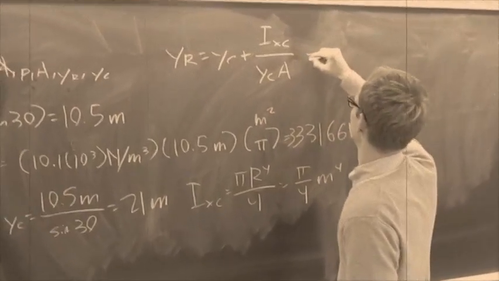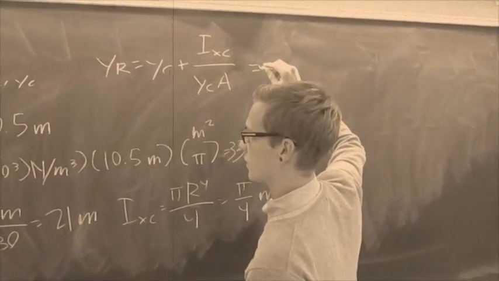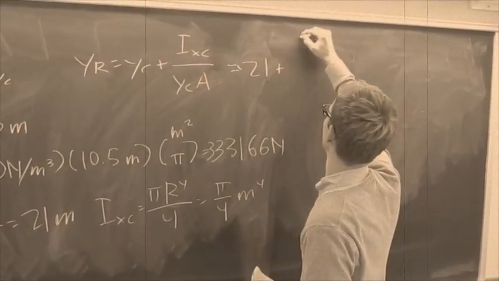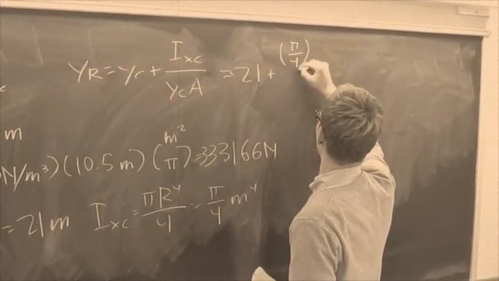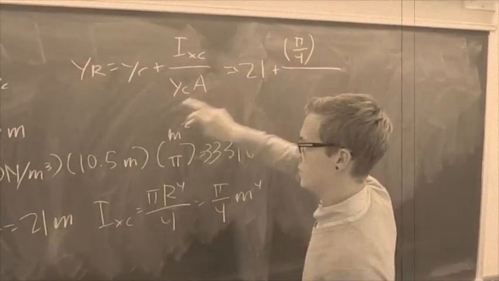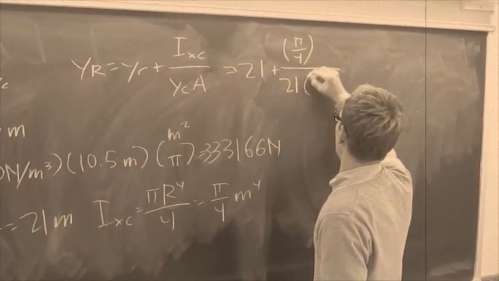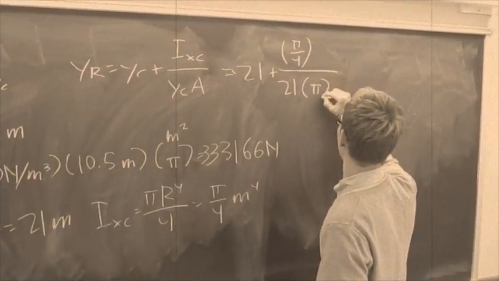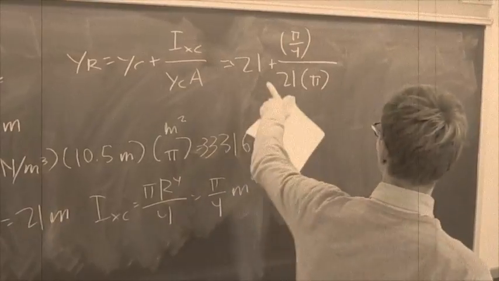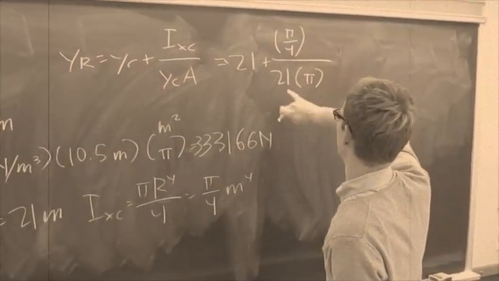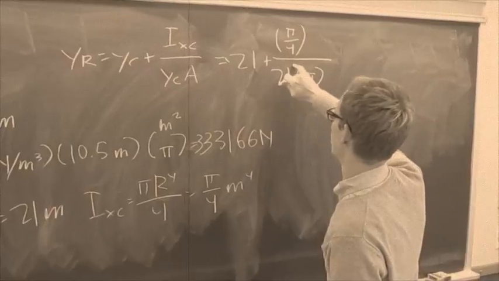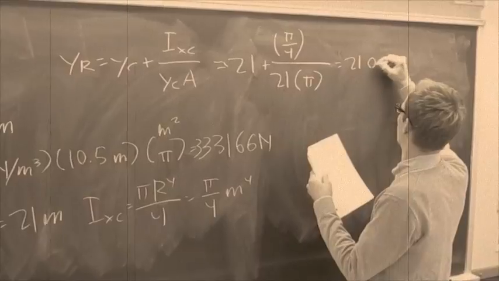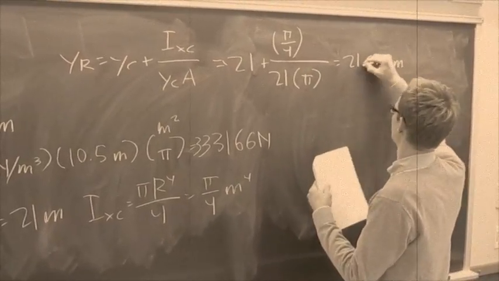So the whole thing is equal to Yc, which is 21, plus IXC, that is pi over 4, divided by Yc again, and then A, which is pi. So this is in meters, this is in meters cubed, meters squared, you end up with meters. This ends up being 21.012 meters.